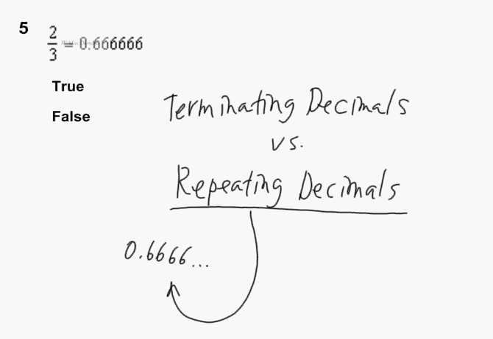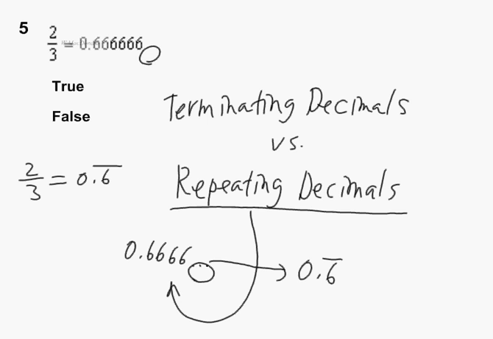Now those 6s never end, and this little thing right here called an ellipsis just says that this continues the way it does forever. But what we learned in math is that instead of saying that, we actually could take our number and put a line above the digit that is repeating forever, in this case the 6. And 2/3 is actually equal to 0.6 repeating.